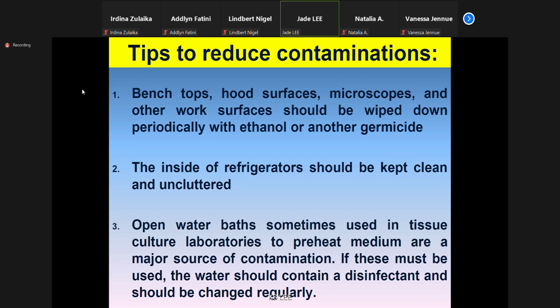Because everybody uses the water bath and you do not know how they handle it, right? So it is very important that you make sure the water bath that you use to preheat your medium is clean, and you put disinfectants inside to make sure that there's no contamination to the cell that you want to culture.